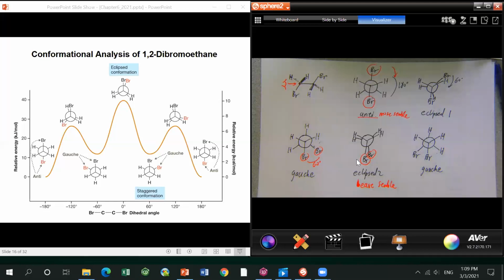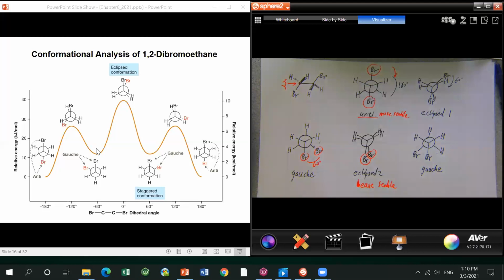And then we can draw their stability for the different conformations on what we call the dihedral angle and energy diagram. You can see anti is the most stable one, because the two big groups are 180 degrees from each other. Then we rotate and generate eclipsed 1, which is unstable but not the worst.